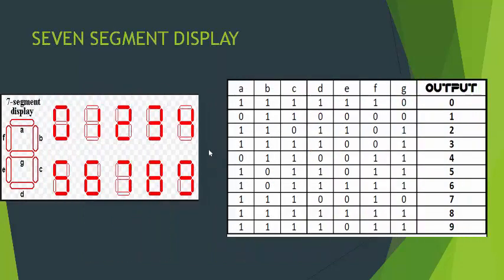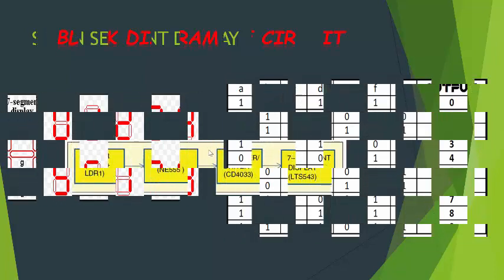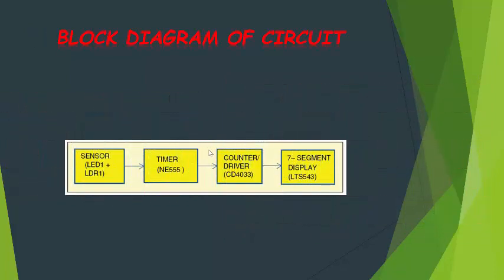Now for the 7-segment display, the truth table shows how it prints 0 to 9 in the display. Now the block diagram of the circuit is: sensor, that is LED and LDR both work as a sensor. Then it goes to the timer, the NE555, which is in monostable mode.